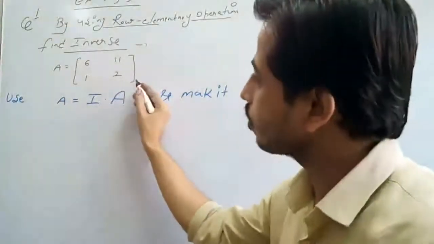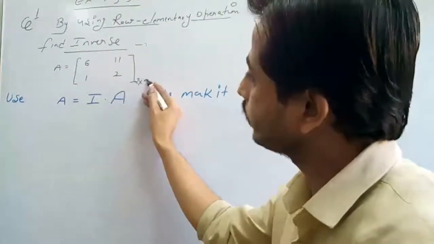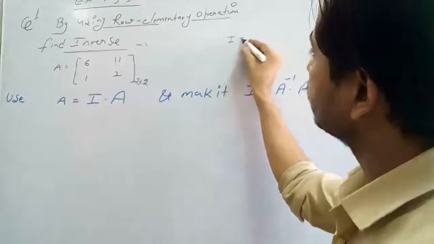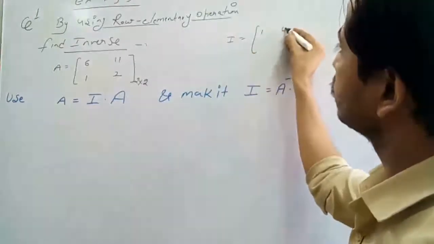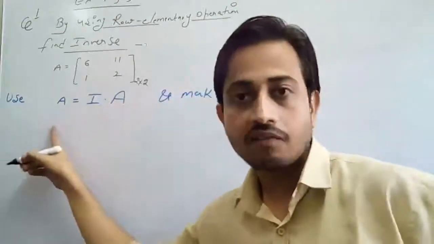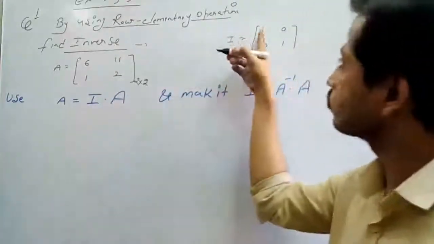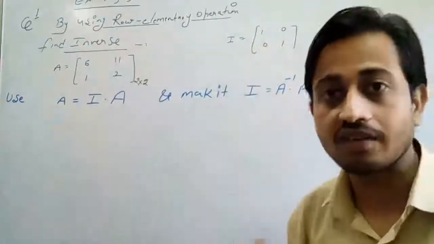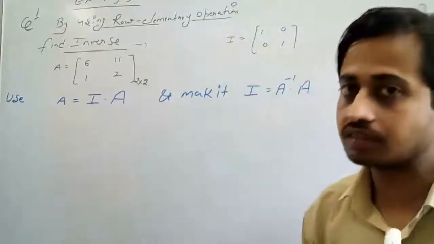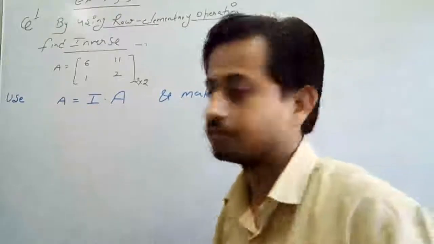Because the matrix is of order 2 into 2, the identity matrix I is 1, 0, 0, 1. It means we have to make the left-hand side 1, 0, 0, 1. This is our desired result that we have to obtain by elementary operations.